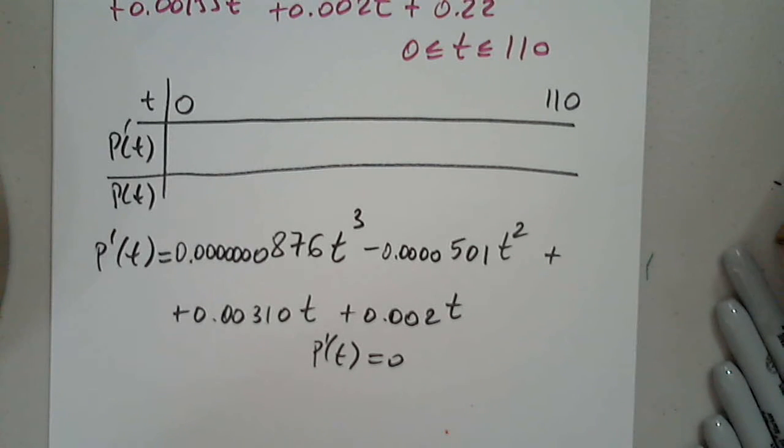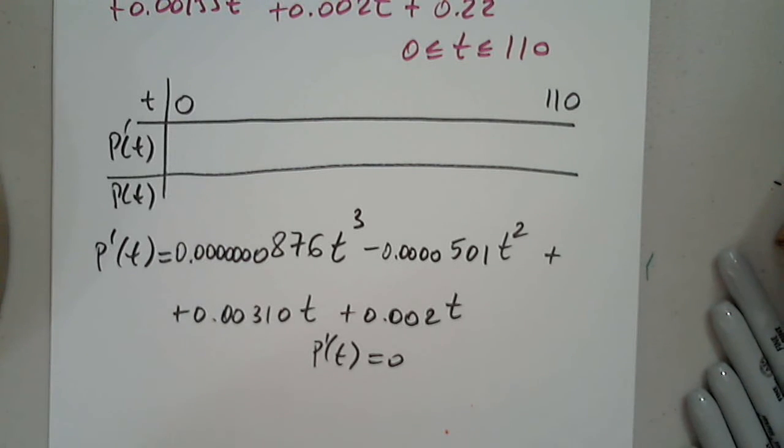Then the next one is negative 0.1234501, and then the next one is 0.003110310, and the last one is, oh no, there is no T here, of course.